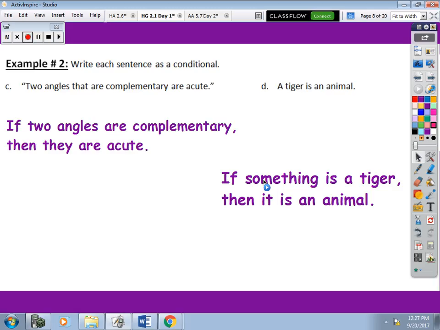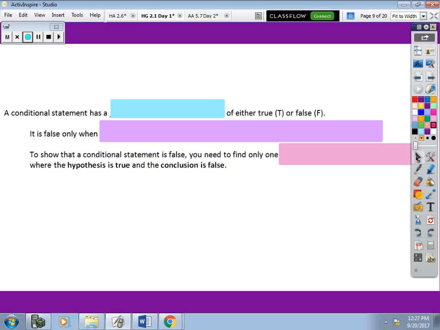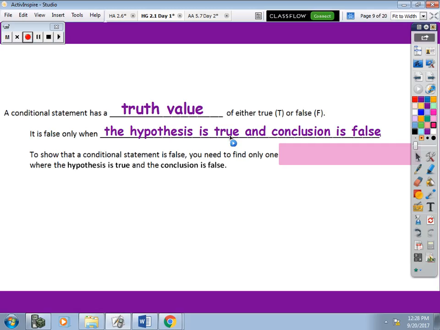All right, now on the back we're going to look at the converse. No, sorry, not first. We're going to look at the truth value first. So you will actually be identifying whether or not these conditional statements are true. Okay, so it has a truth value that is either true or false. Now it's only going to be false when the hypothesis stays true and the conclusion is false.